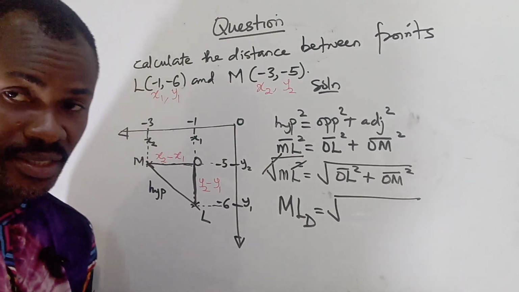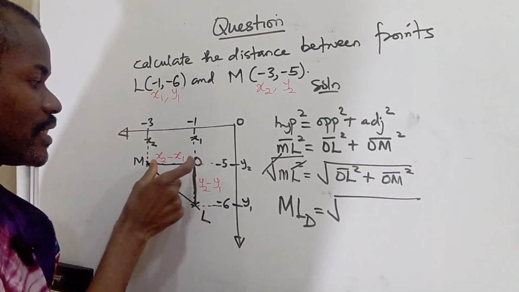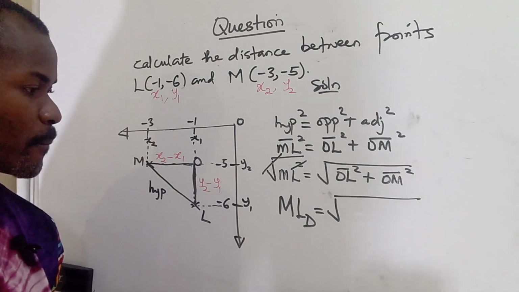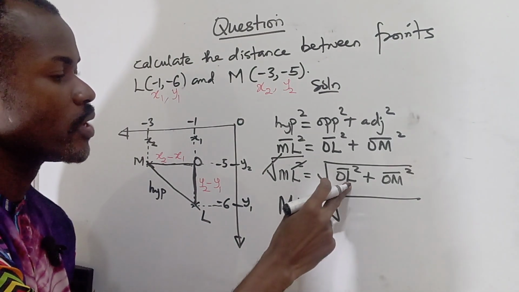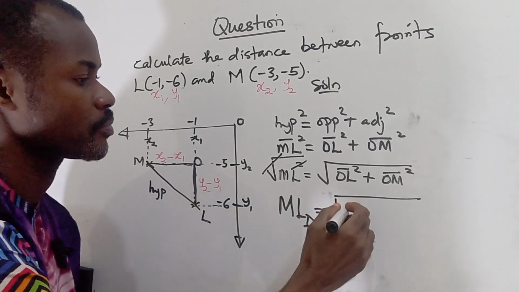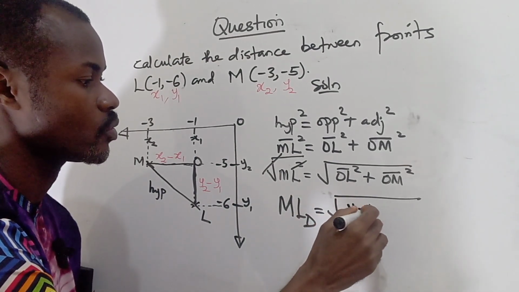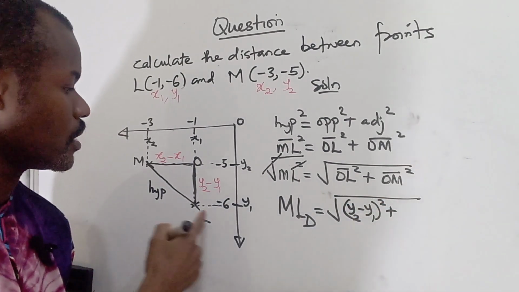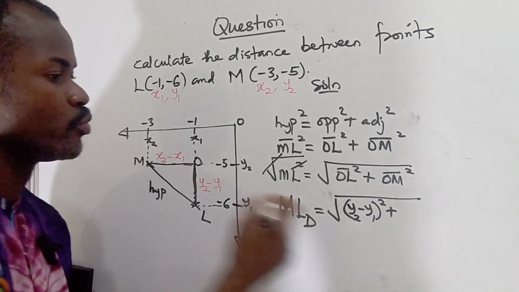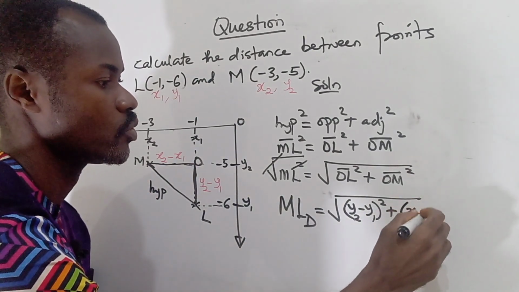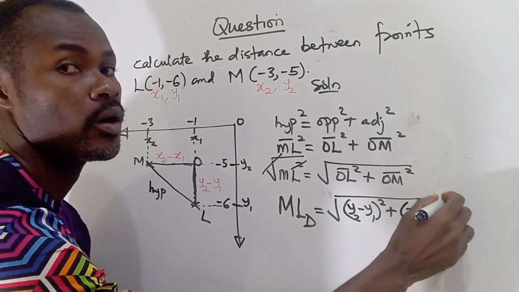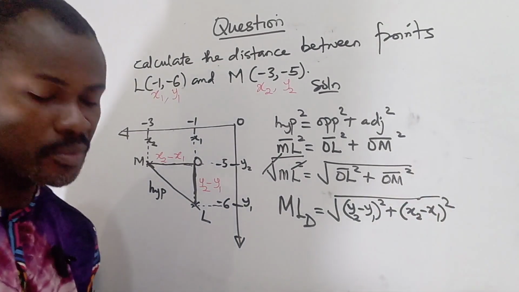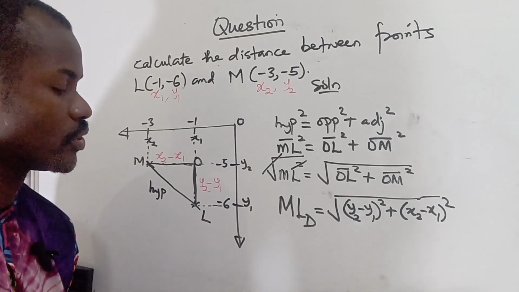So that will give us the distance of this and the distance of this. So we have our OL square will be y2 minus y1 squared plus our OM, which will be x2 minus x1 all squared. So that gives us the solution to this problem.